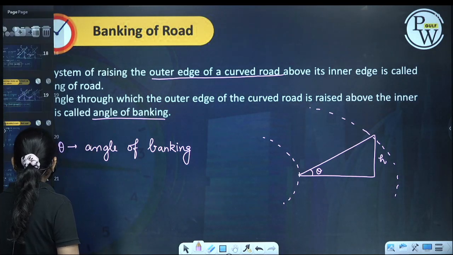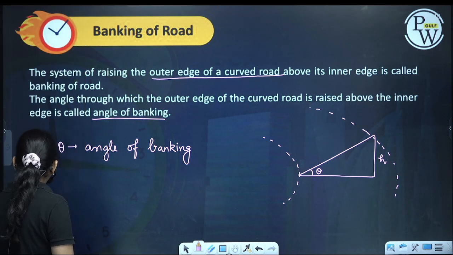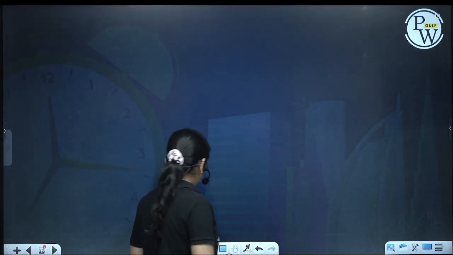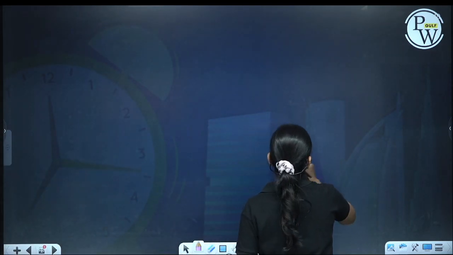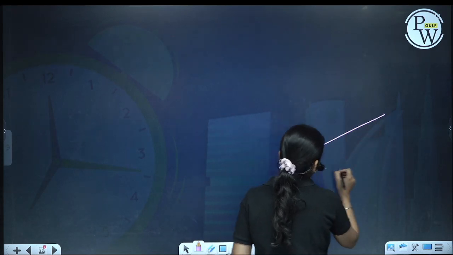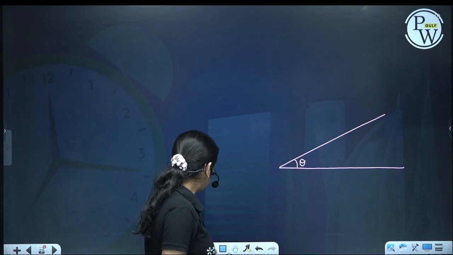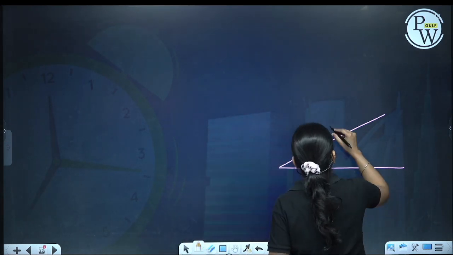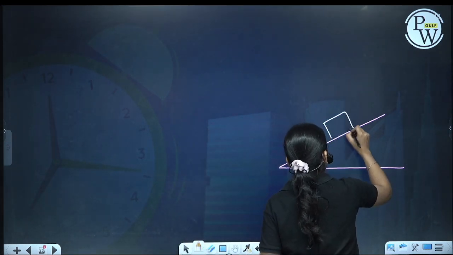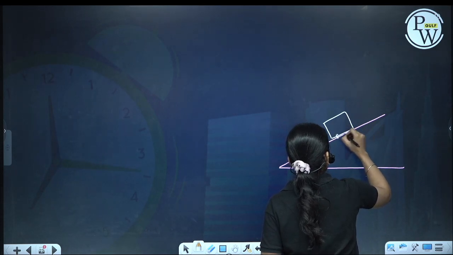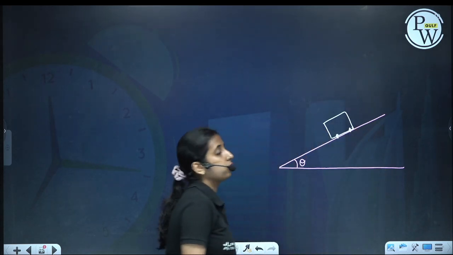Now what happens in banking of road? See, this is the angle by which we have banked our road, and there is a car on this road.